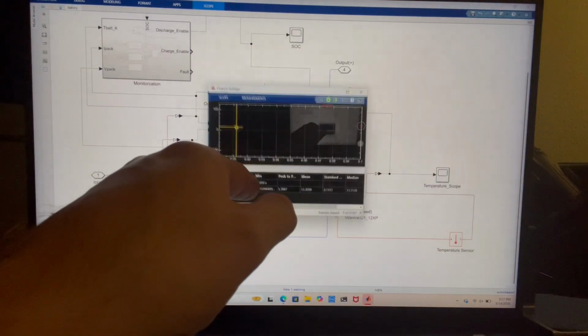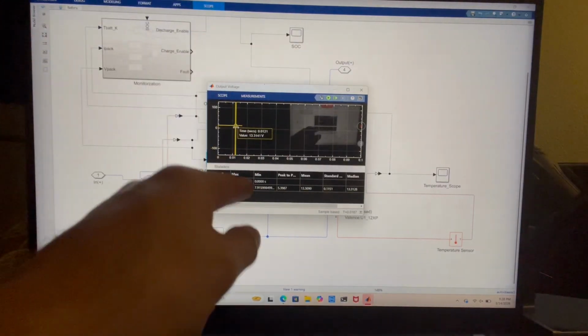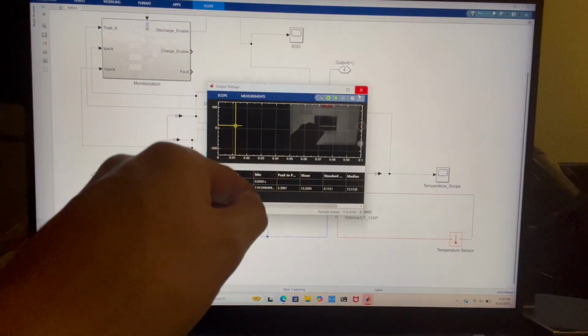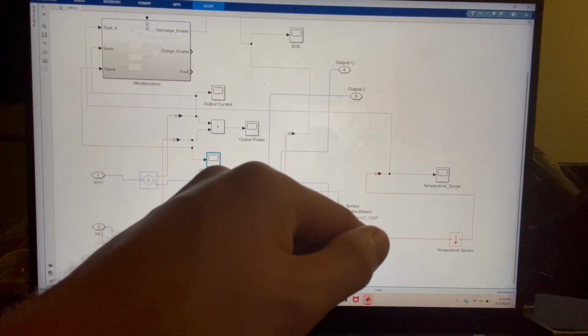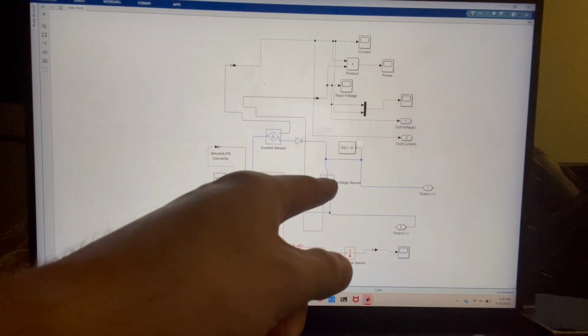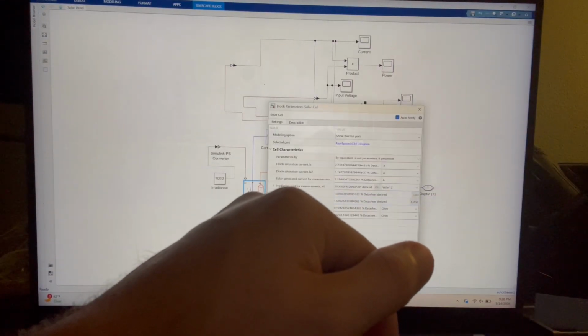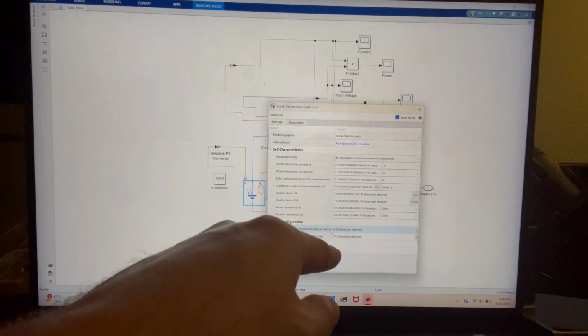So the actual output voltage is 13.3 volts, which is some threshold above. If you do the math here, the conventional voltage coming out from the solar panel is 11 volts. We have four in series, one parallel.